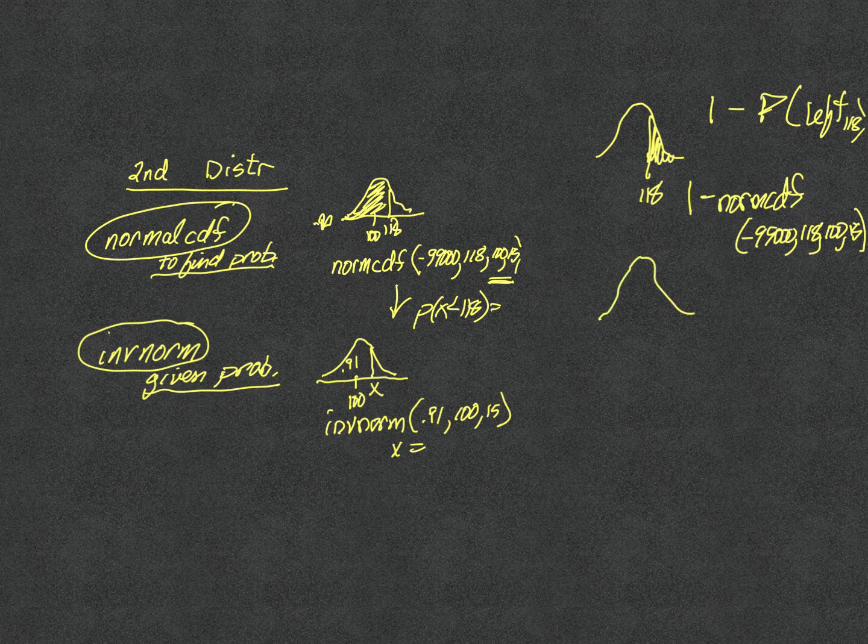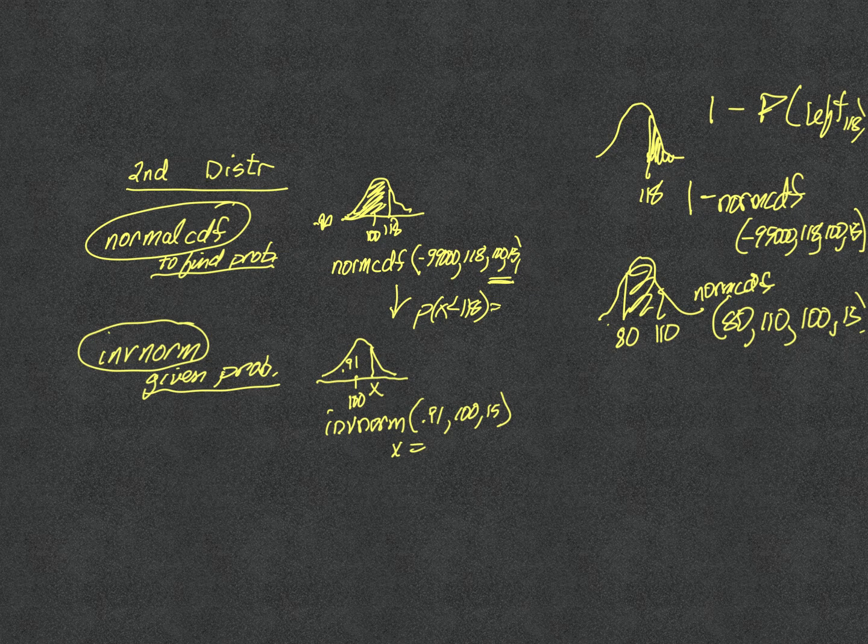And then, of course, if it's in between two values, say 80 and 110, we can just use the statement and put in those two values, 80 and 110, and then norm CDF will calculate it. And the same situation applies when you're doing it to the right.